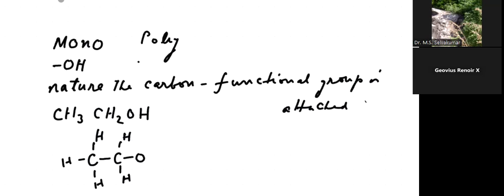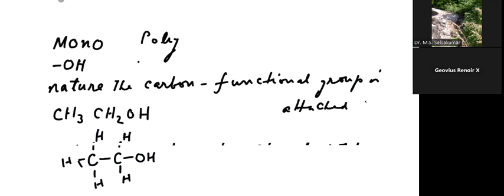Only when you write the chemical formula like this, then you can confirm that the valency is not violated, because valency of a carbon is 4. So this carbon is attached to 3 hydrogens and 1 carbon. And this carbon is attached to 2 hydrogens, 1 carbon, and OH group, where OH group is the functional group.